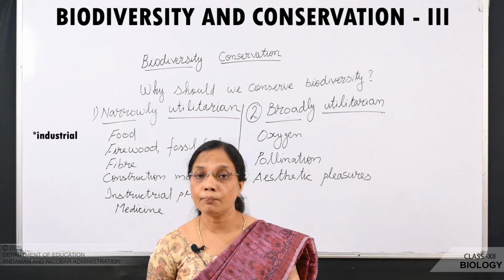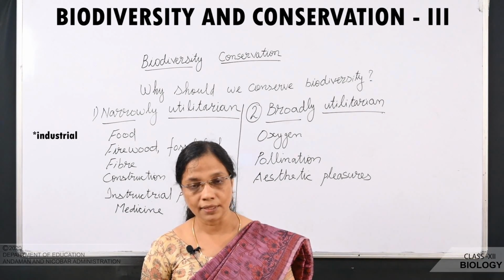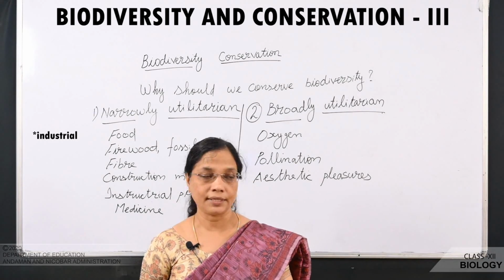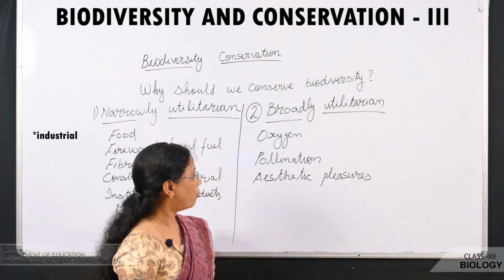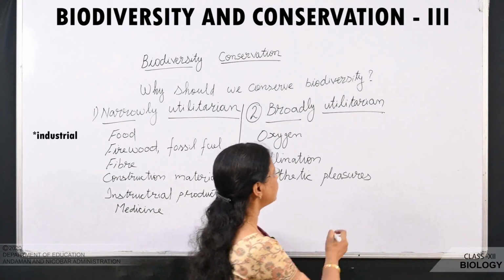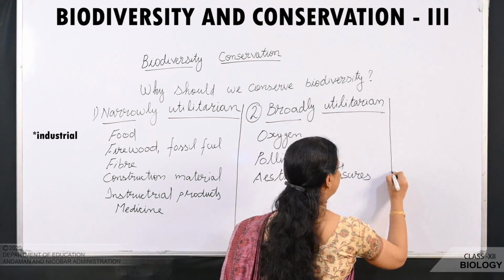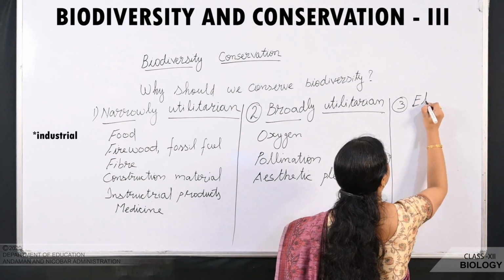Biodiversity plays an important role in the ecosystem services that nature provides. It is in the form of, we have taken few examples as oxygen, pollination and aesthetic pleasure. Next we'll see the third one, ethical.